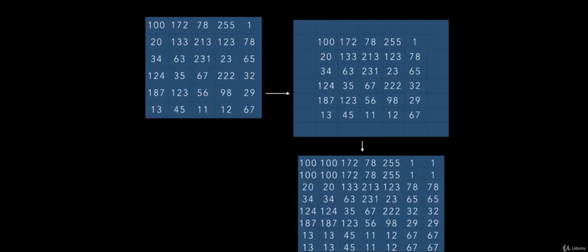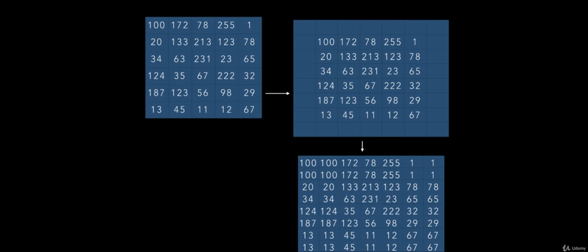To address this problem, in order to prevent the size from being reduced after the convolution operation, we do something called padding, whereby we increase the size of the original image in such a way that after convolution, the size of the image will be the same as the original image.